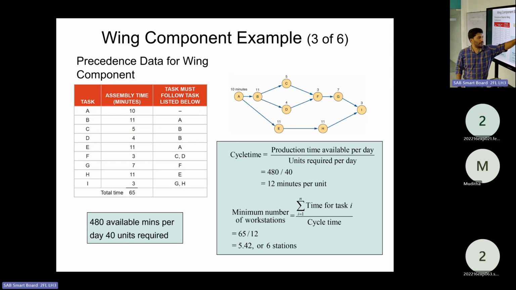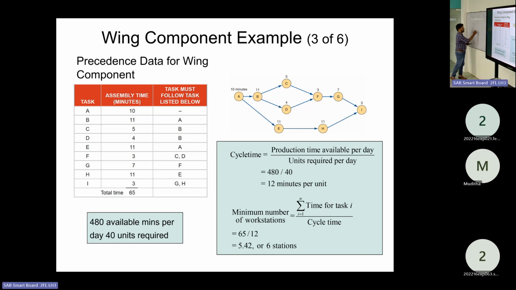E has only 2 following tasks, H and I, whereas B has C, 1, 2, 3, 4, 5 following tasks. Oh, sorry, 5. B has 5 following tasks, whereas E has only 2. So we prioritize B based on the second heuristic. Understood?